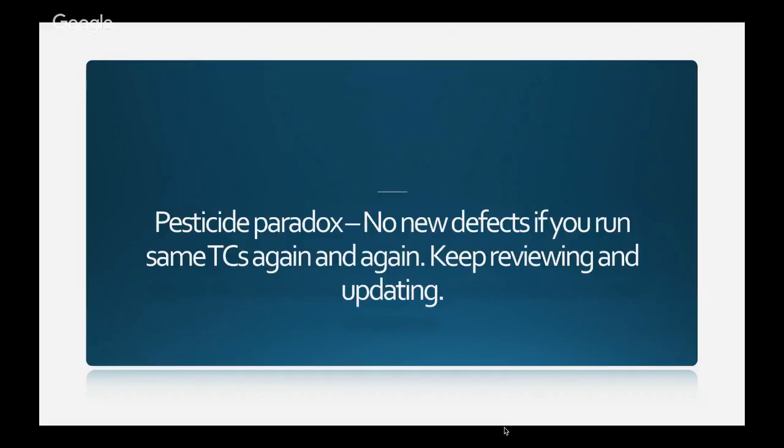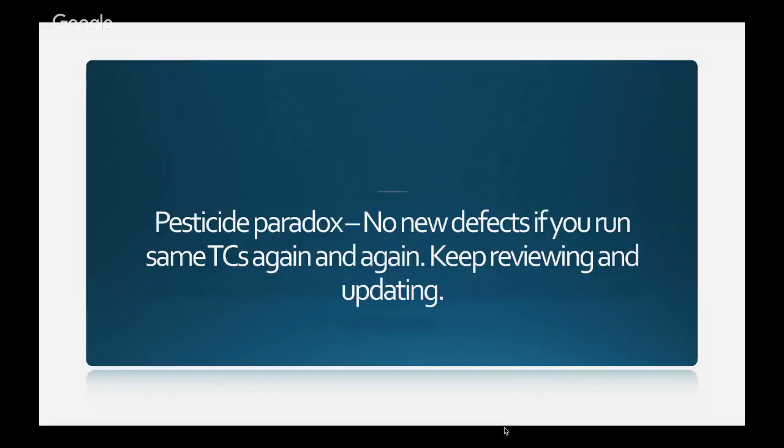It doesn't mean that your system is bug-free or defect-free. Trust me, if you're not finding a defect, it doesn't mean that your product or service is bug-free. It's just that you are unable to discover those hidden bugs. In order to discover them, you need to review and update your test cases, may it be manual test cases, automation test cases, or business-related test cases.